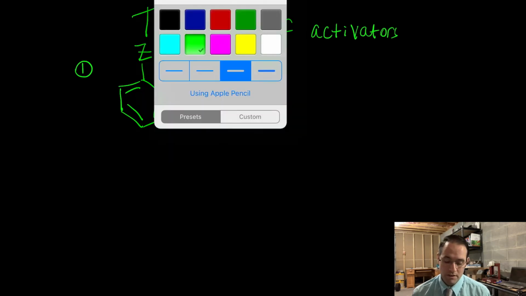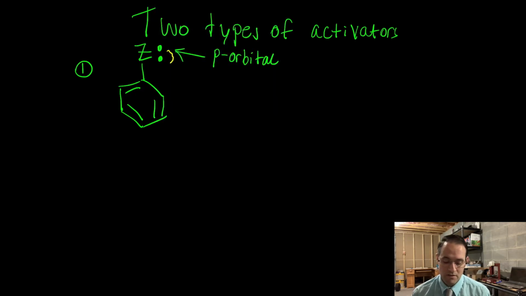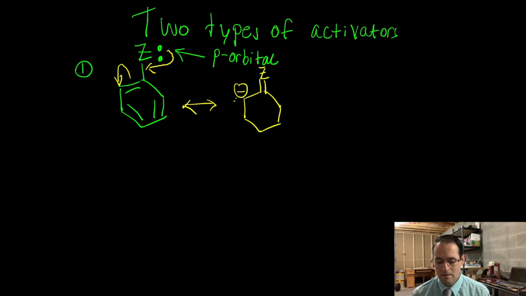So we draw curved arrows to show how these electrons can move down into the ring, and let's draw the first resonance structure here. Okay, so look where the negative charge is. The negative charge is on a carbon that resides on the benzene ring or the phenyl ring. Okay, another resonance structure we can draw is this one here.